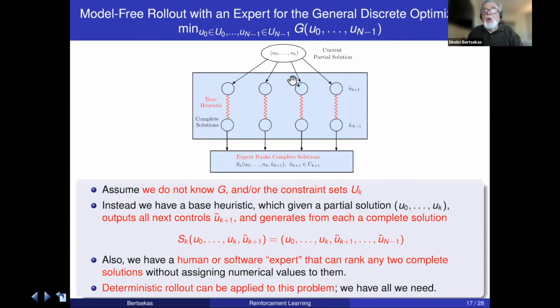The problem is that there are no mathematical models for RNA folding. There is software that biologists use, and there are also expert software that rank different solutions. So this is an ideal situation for a model-free implementation. I will refer you to that paper, which you'll find in the references to this class. And you can see on a very challenging problem how this model-free implementation of rollout has been mechanized.